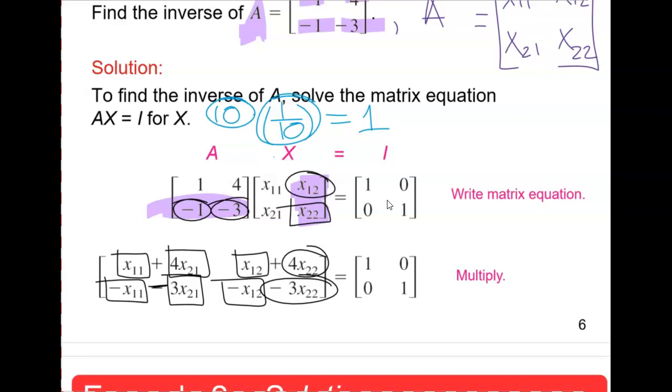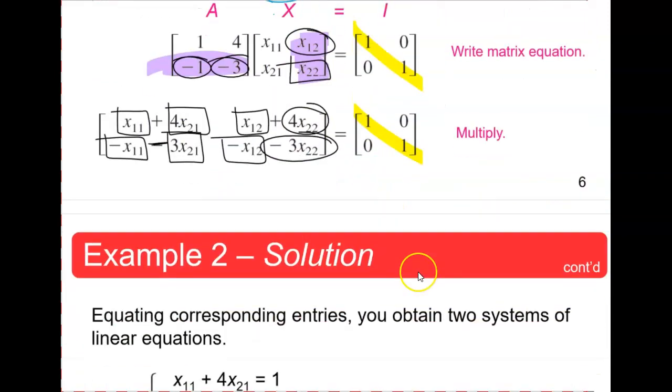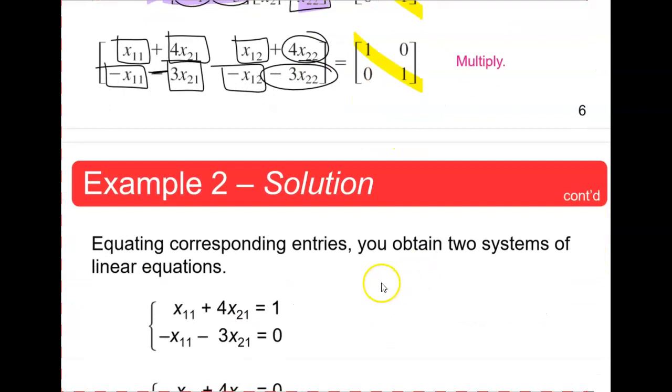Now the identity hasn't changed; we're just transferring that identity matrix down. And so now we have the system of equations that will come from here: 1x11 plus 4x21 is equal to the 1 here, because they have the same location.